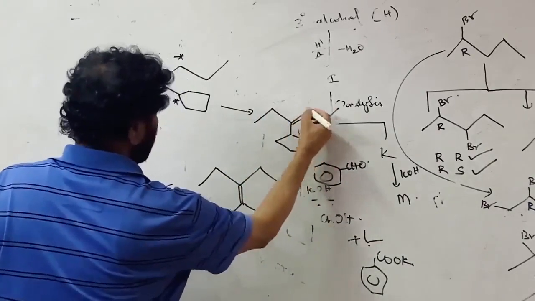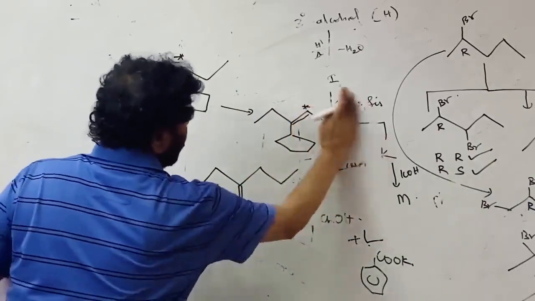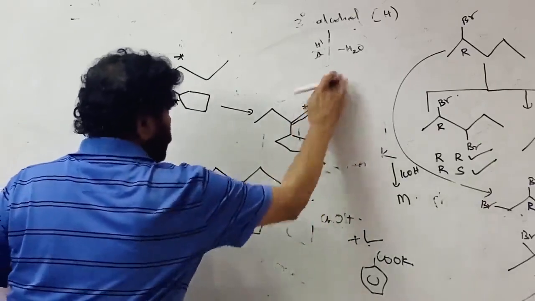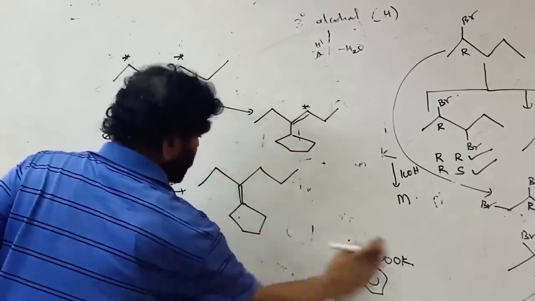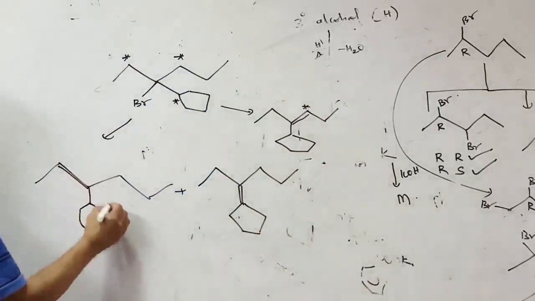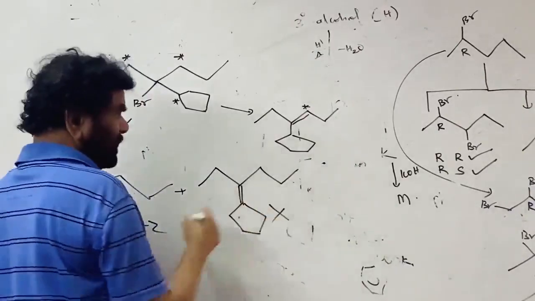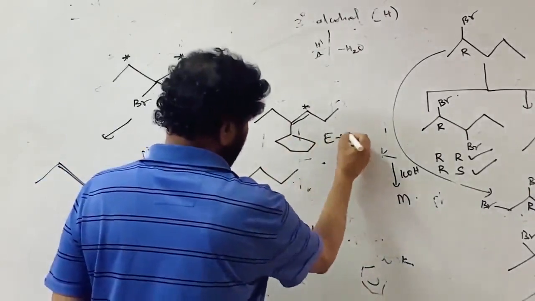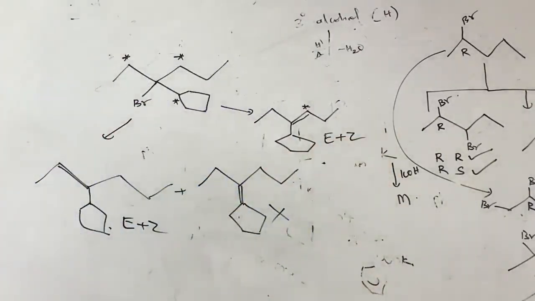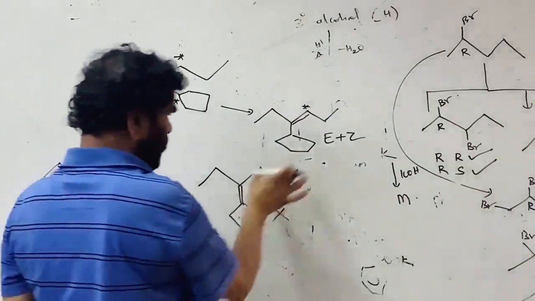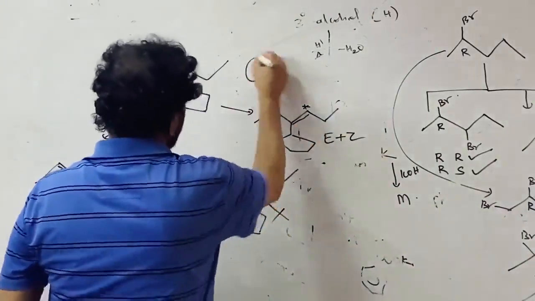This is the third one. These three are the position isomers. This can show the EZ isomerism. This cannot show the EZ. This can show EZ again. Cis and trans are possible. Check out. So 2 plus 1, 3 plus 2, 5. Total 5 are possible.